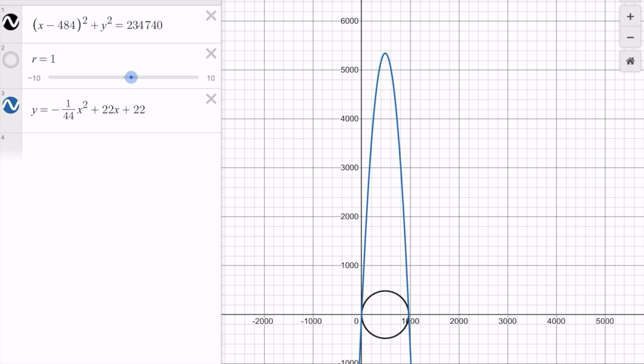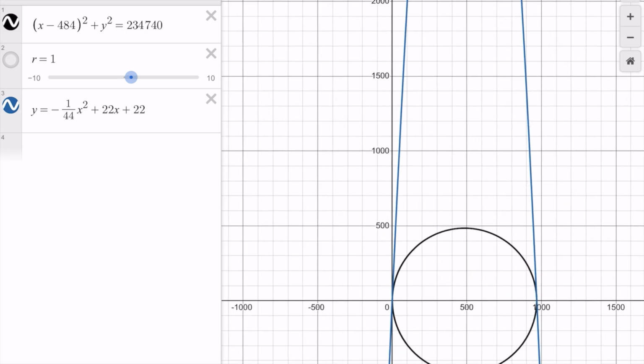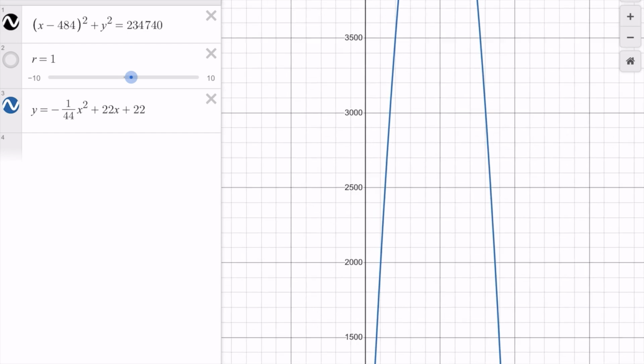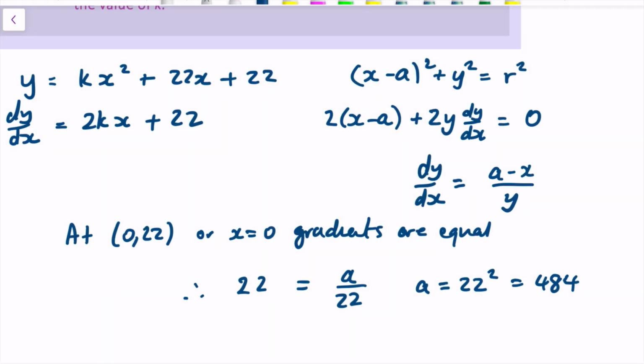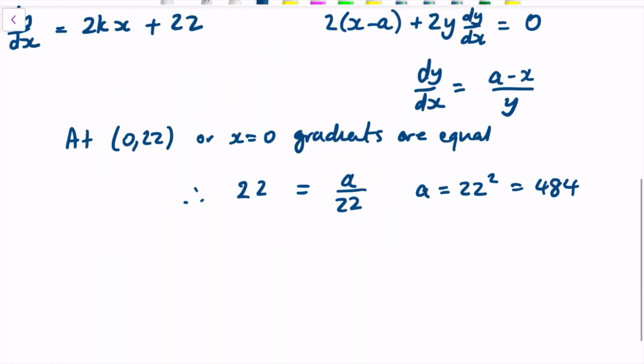Let's quickly go back to that. The centre of the circle is 484 across. It's also where the maximum of the parabola is, because of the symmetry of this problem. Okay, the maximum of the parabola must be directly above the centre of the circle, which you need to understand.